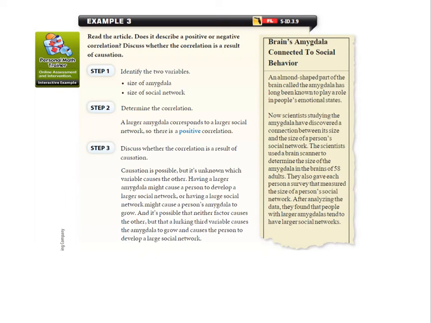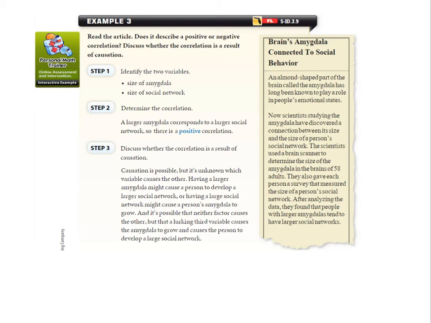Now that you've read it, step 1 is to identify the two variables, which is the size of the amygdala and the size of your social network. Step 2 is to determine the correlation. They're saying that the larger the amygdala, and I could be pronouncing that wrong, so bear with me, corresponds to a larger social network, so that's positive.